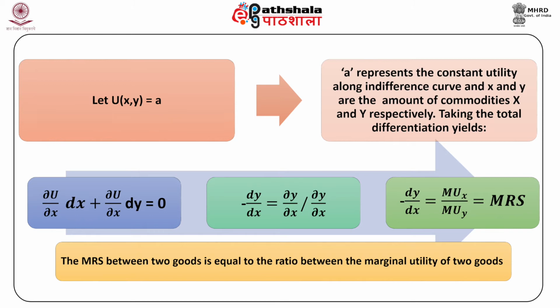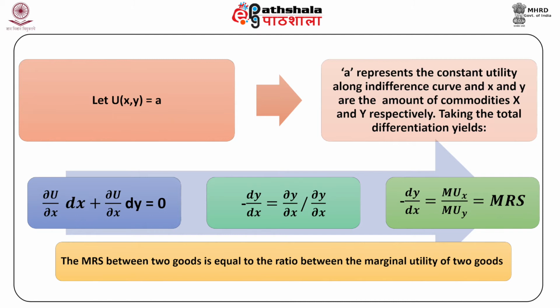Taking total differentiation of equation 1, we get delta u upon delta x dx plus delta u upon delta y dy is equal to 0. That is, minus dy upon dx is equal to delta u upon delta x whole divided by delta u upon delta y.